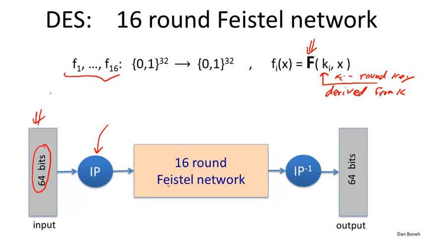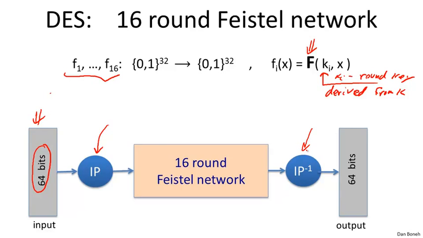Then we go into the 16-round Feistel network that you now know how it works, using the functions f1 to f16 as specified before. And then we have another permutation, called the final permutation. That's just the inverse of the initial permutation. Again, it just permutes bits around. This is not necessary for security reasons. And then we finally get the final outputs.